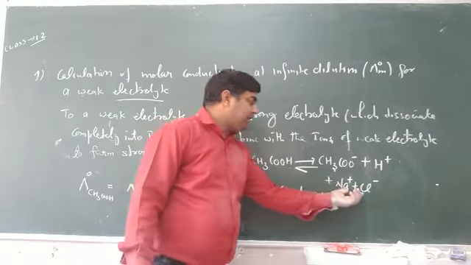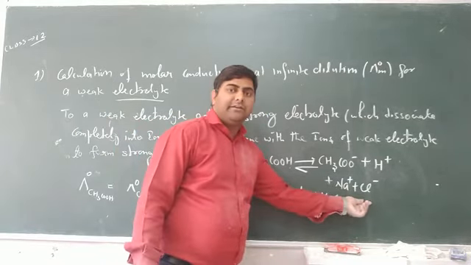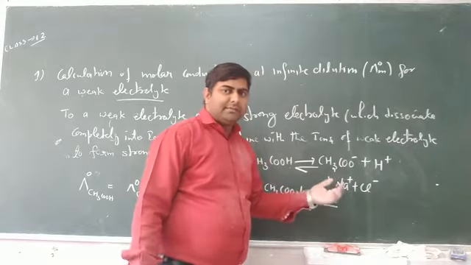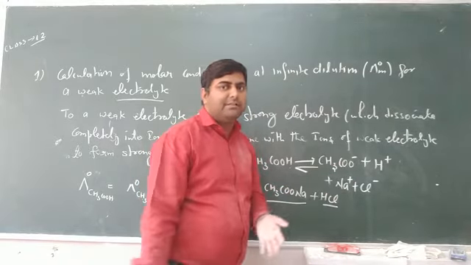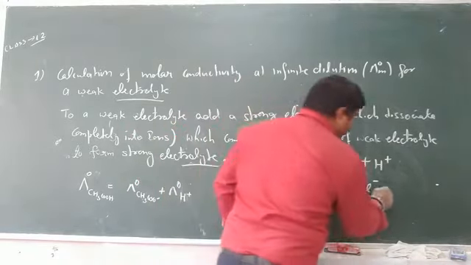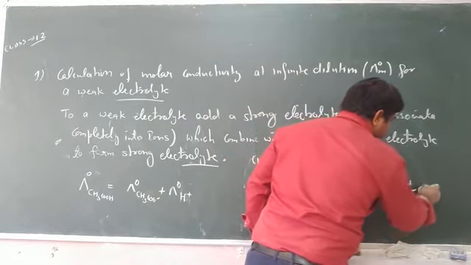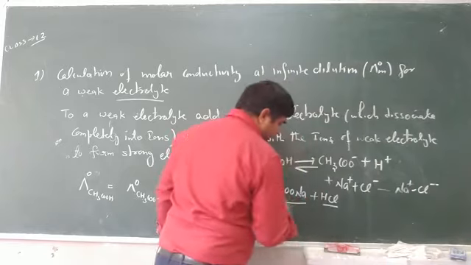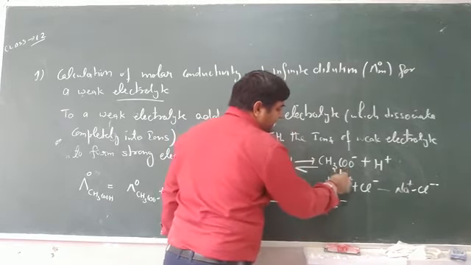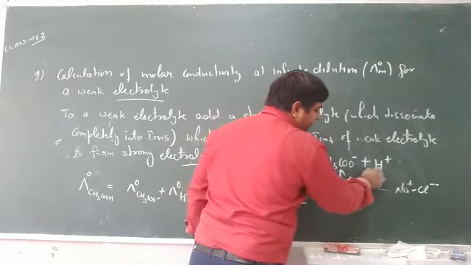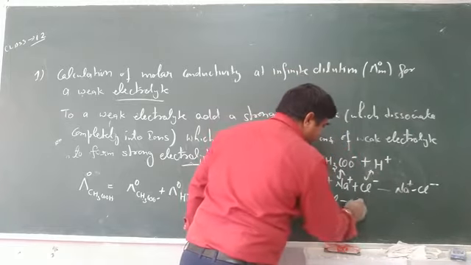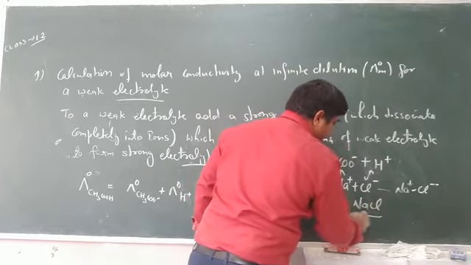If we are adding Na positive and Cl negative, as we do in mathematics, if we add one thing, we have to subtract the same thing. So it can be written as minus Na positive minus Cl negative. This one combined with this, and Na combined with Cl gives NaCl.